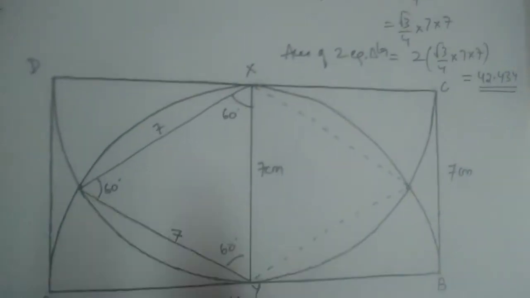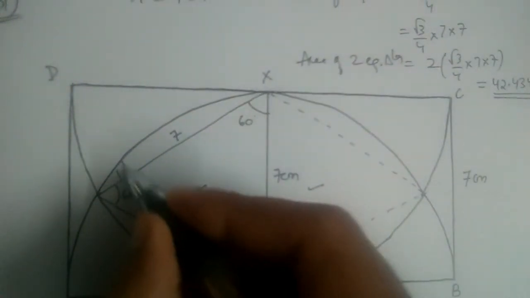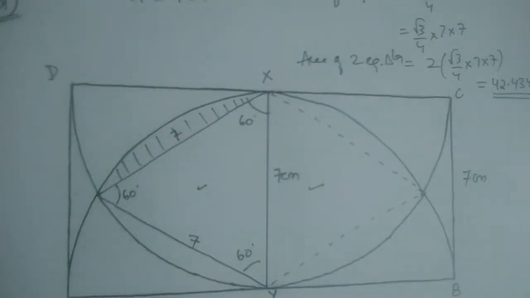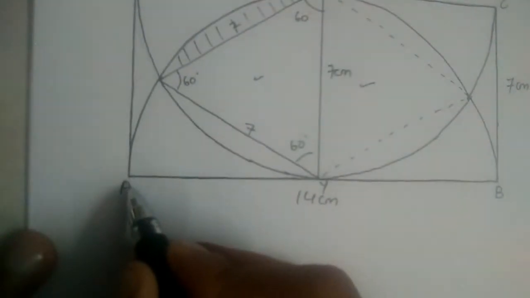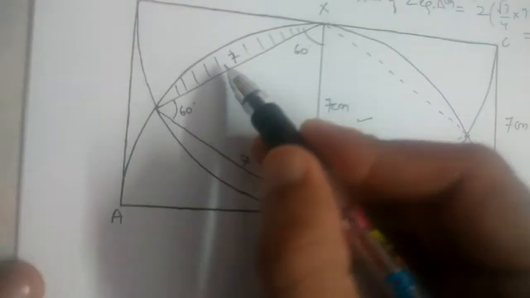Now we found this area. Let us find this part. What is this part? It is a segment, right? If we draw a big circle like this, the shaded region is actually the segment.